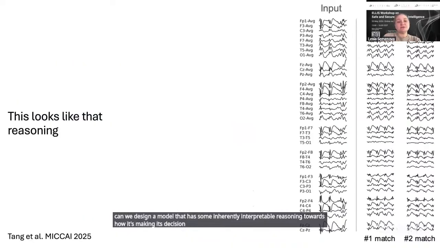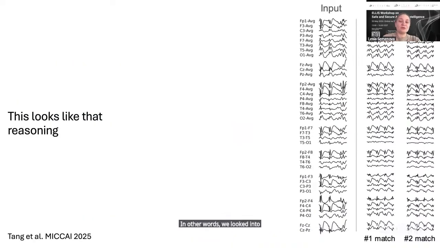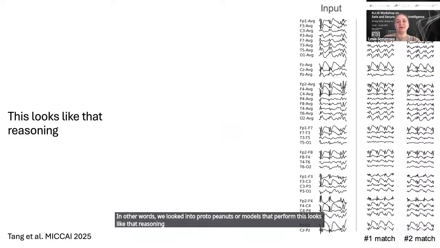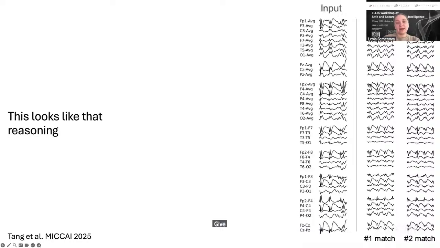In other words, we looked into ProtoPNets, or models that perform this-looks-like-that reasoning in the following form. Give it some input, and here I have different channels that are meaningful for EEG recording.